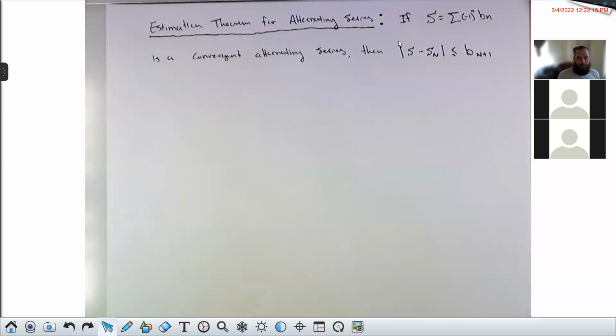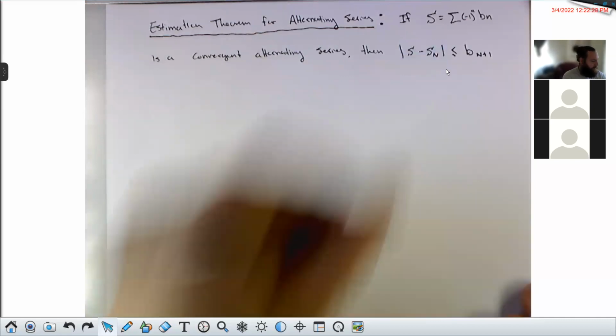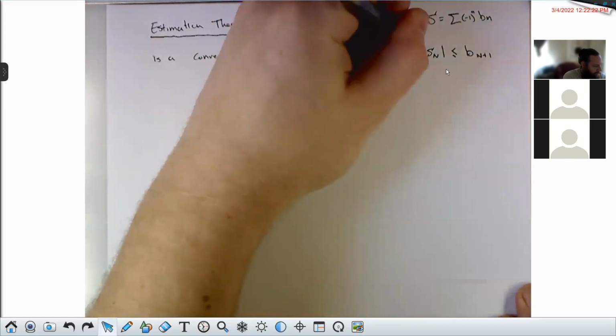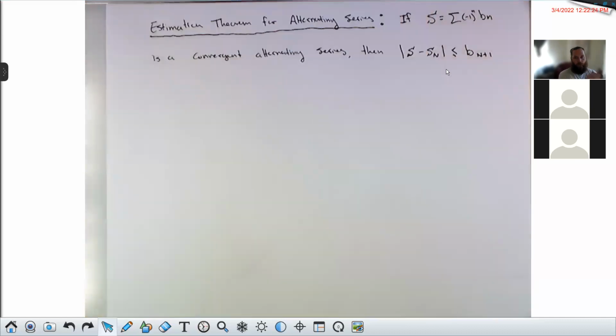You're going to need to think about this object a little bit. S is the sum of the series. It's the value of the whole infinite series. Sn is the nth partial sum of the series.